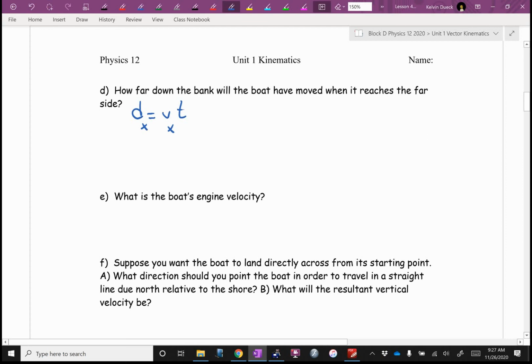Why can I use time in both equations? It's a scalar and has no direction. So time I can use wherever. The time to go across, it will drift downstream for exactly the same amount of time. What was Vx? I've scrolled to the next page, but you have it on yours. 3.38. And what was time?